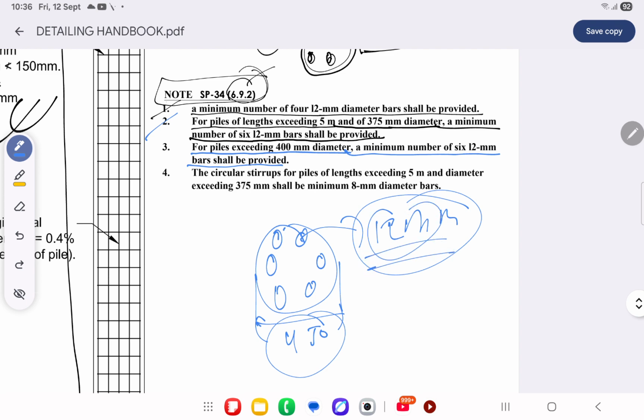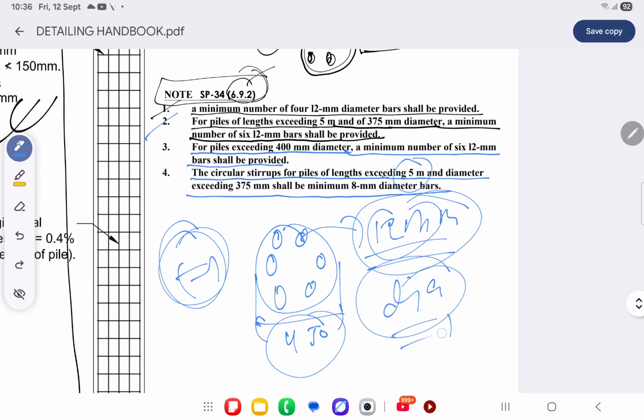Now we'll see here, the circular stirrups of pile of length exceeding 5 meter and diameter exceeding 375 mm shall be a minimum 8 mm diameter bars. Nowadays in practice, we generally provide the minimum diameter of the circular ring as 8 mm. Even if the length of the pile is less than 5 meter, we can go for minimum 8 mm diameter links.